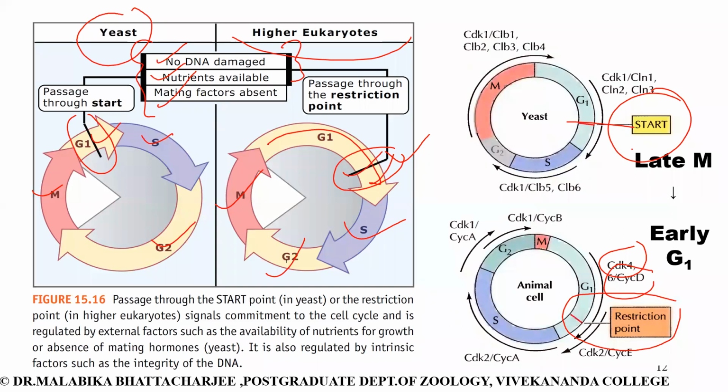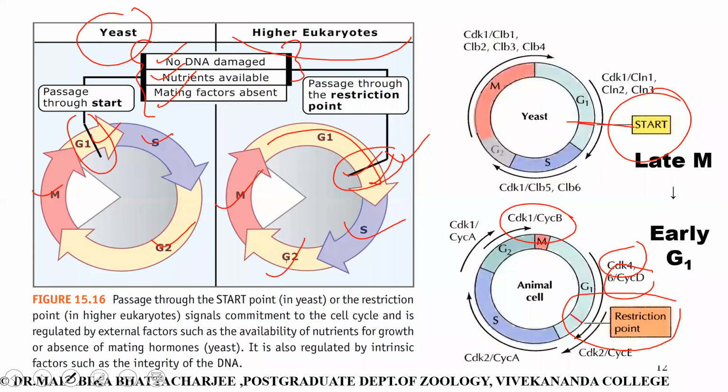But for now, just remember that these are enzyme and protein partners. Cyclin dependent kinase, as you have already studied in cell signaling, is a kinase which phosphorylates its substrate, but the activity of this kinase is controlled by a partner regulatory protein, which is known as cyclin.